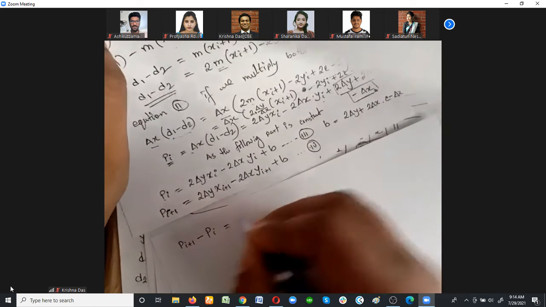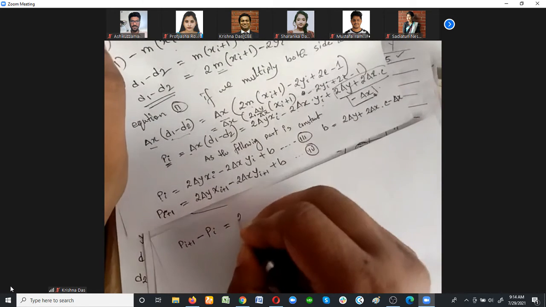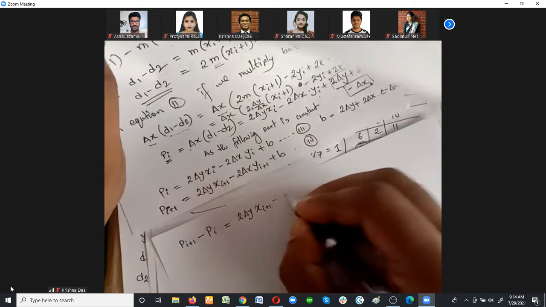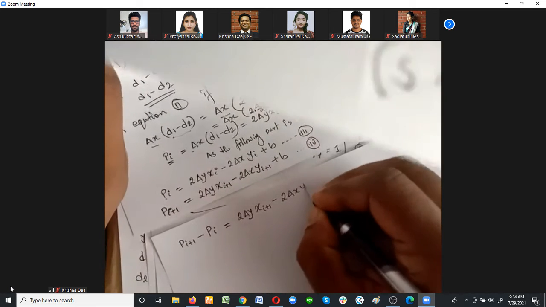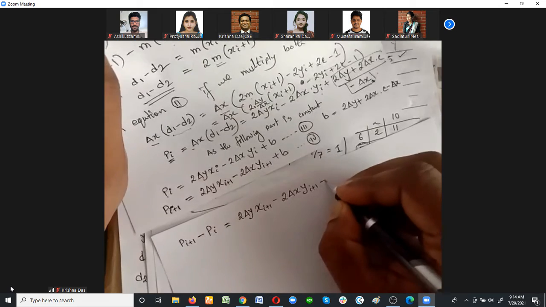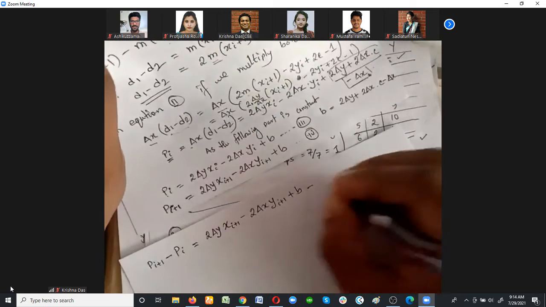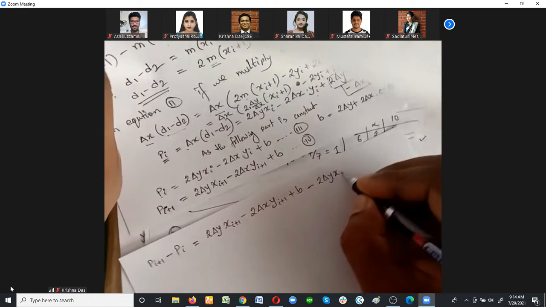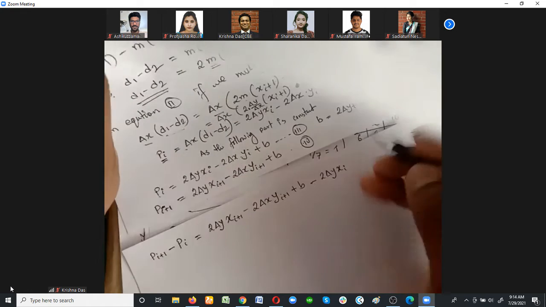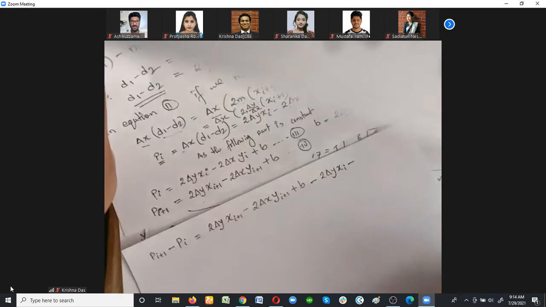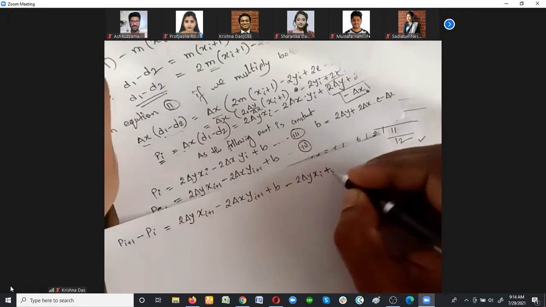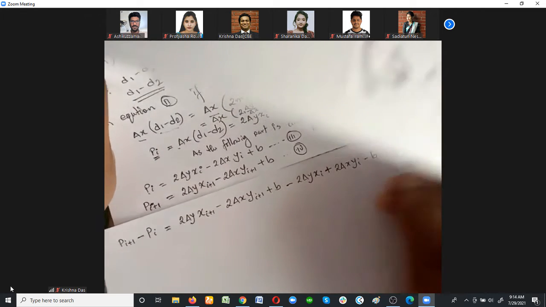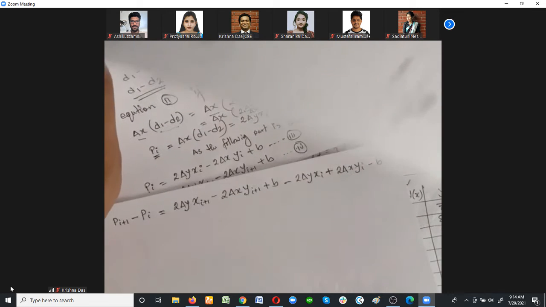And the equation pi plus 1 is actually 2 del y xi plus 1 minus 2 del x yi plus 1 plus b minus 2 del y xi plus 2 del x yi minus b. Right, that actually we got.